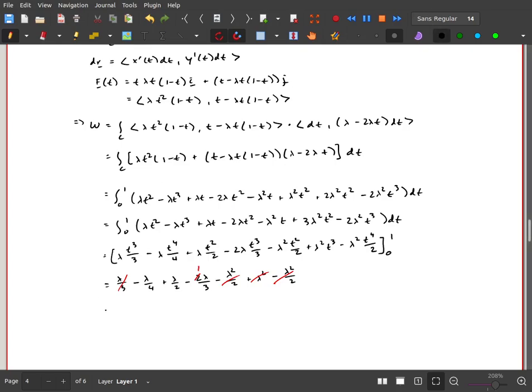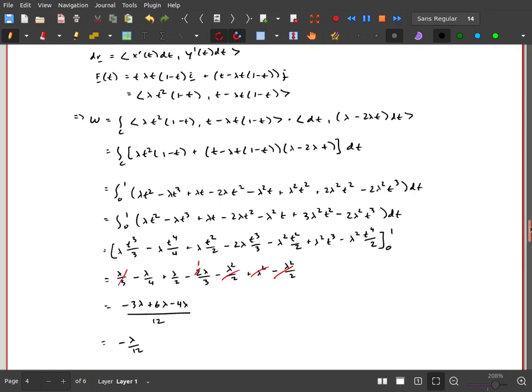If I add everything up, that gives me minus 3 lambda plus 6 lambda minus 4 lambda over 12, which means that is minus lambda over 12. So that's our work. That's the value of work in terms of lambda.